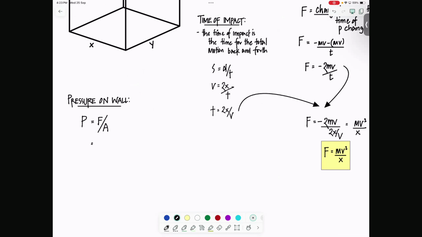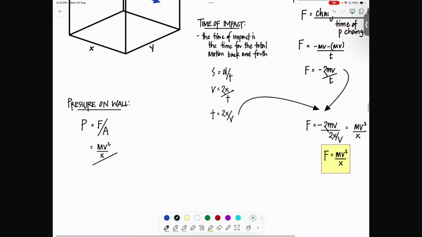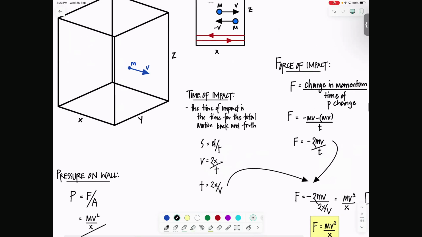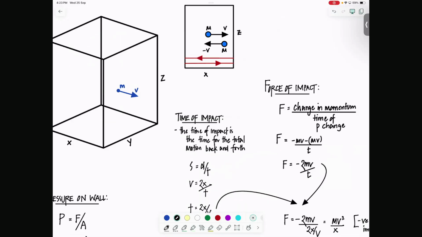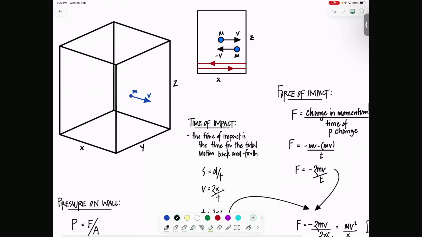What is the force as we have found so far? mv square by x divided by, can you tell me what is the area that the particle collides with? Some students will feel like it should be the actual area, the part I highlight now, because that's where the particle collides.